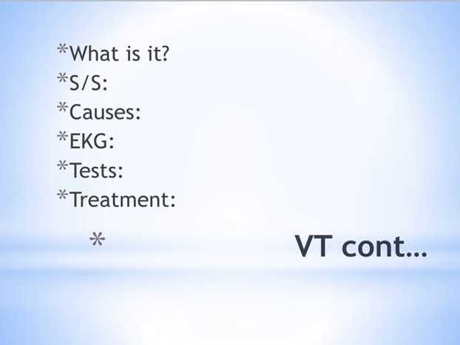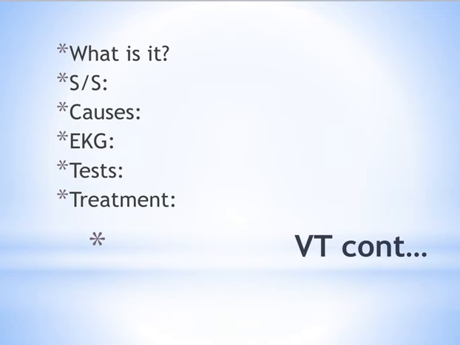What tests are we going to do? We're going to do an ABG. We're going to look at a CBC, a CMP, and we're going to perform drug tests. Treatment, if there's no pulse and not breathing, we're going to do CPR until someone that has advanced cardiac life support training can take over.